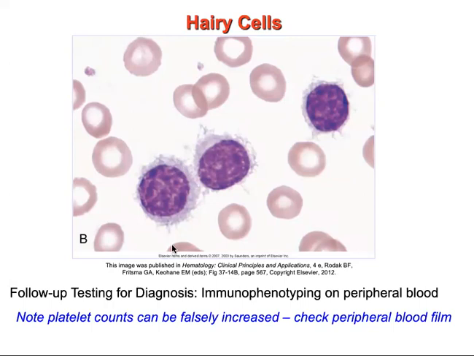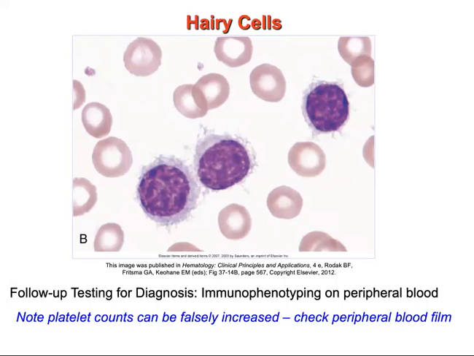But some of the cytoplasmic projections come off, and they're so tiny, about the size of platelets, that they get counted as platelets. And so it could falsely increase your platelet count. That's something you need to stop and evaluate as well.